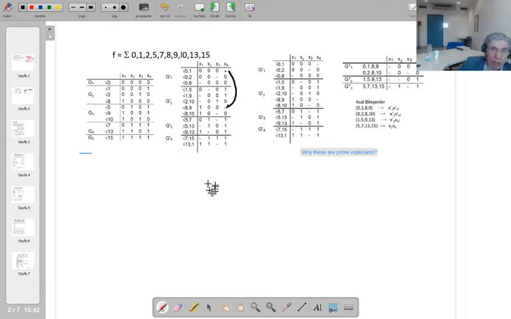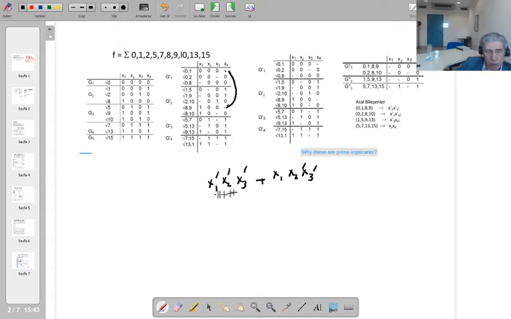So let me write that. x1, x2, x3 prime, prime, prime. Because of the dash, I didn't write anything. And for the other one, the 8, 9 operation result is x1, x2 prime, x3 prime, because the x2 value is 0, and the x3 value is also 0.